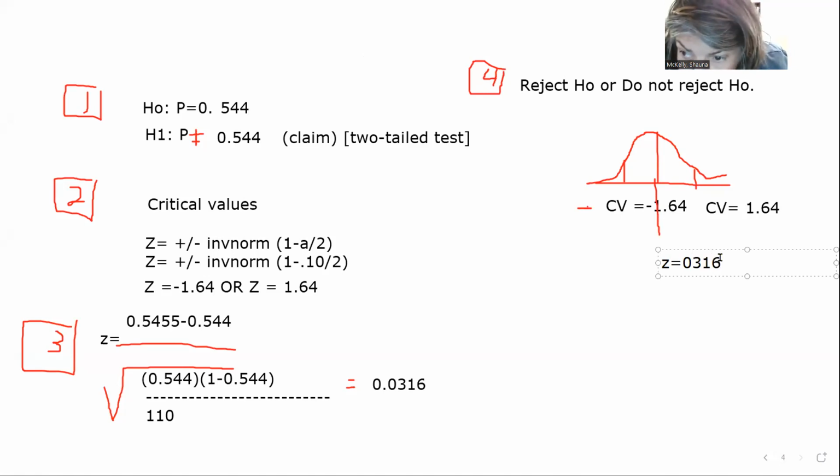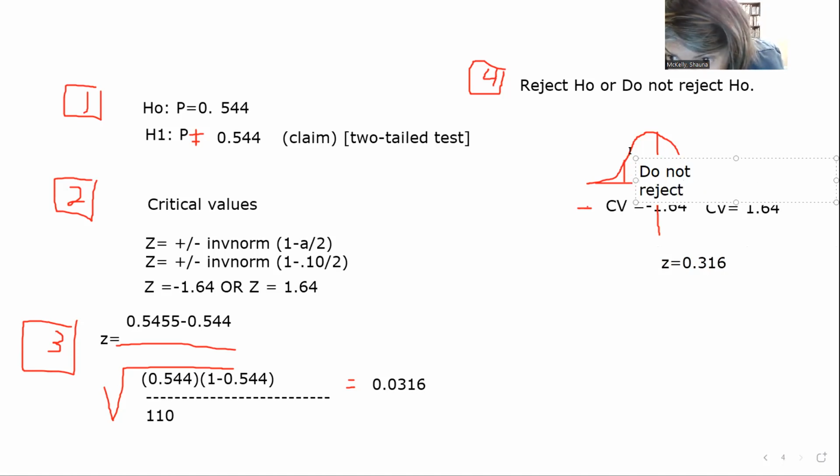So what does that mean? Remember, this was the do not reject area, because we're not in the tails.